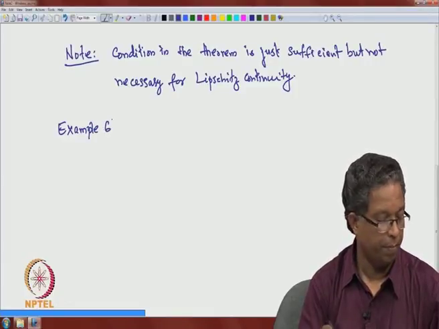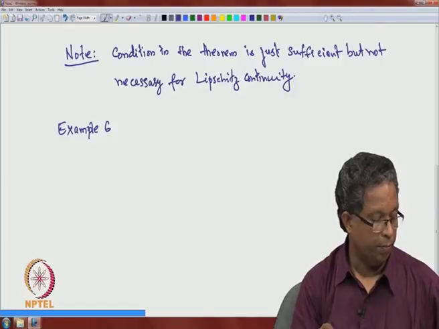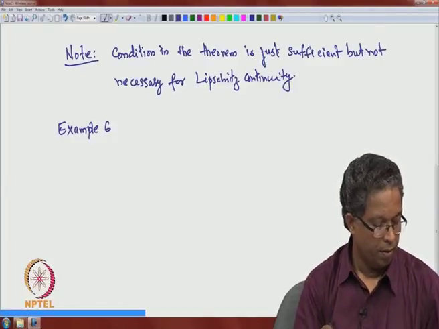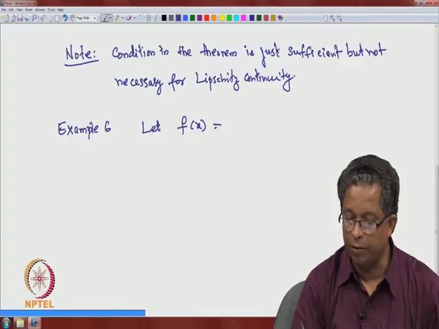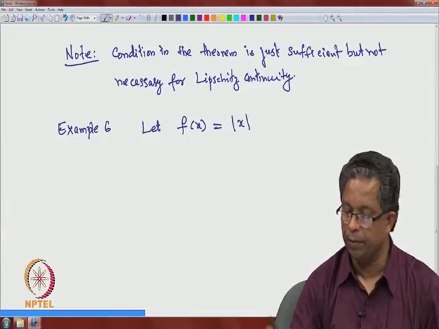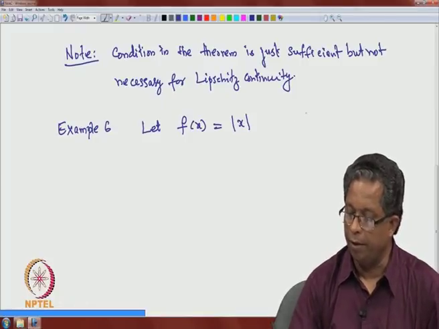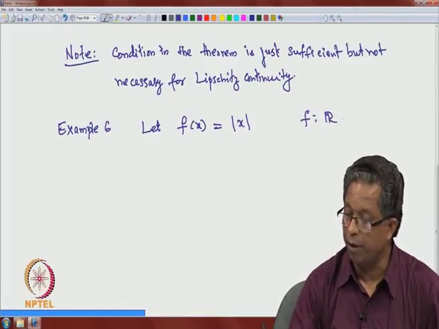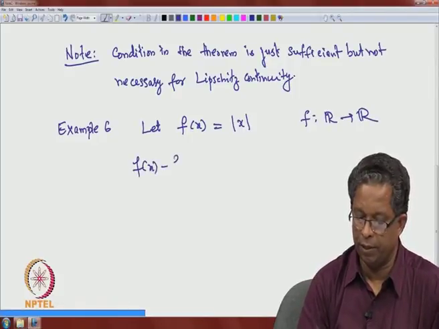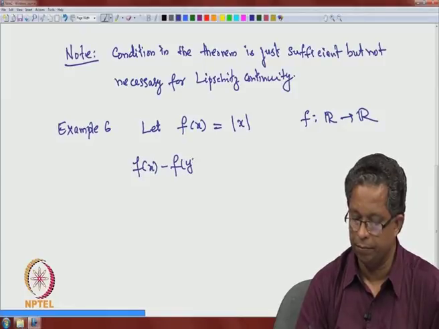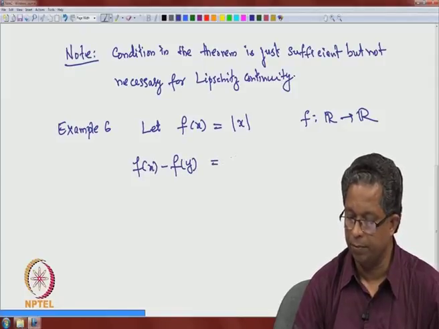Example 6. We take a function f(x) equal to mod x, and f is defined from R to R. So, obviously f(x) minus f(y) is mod x minus mod y.